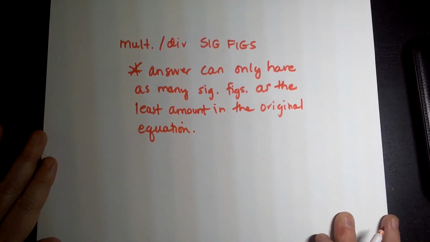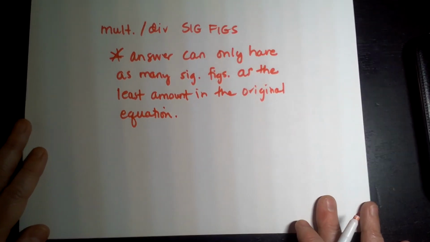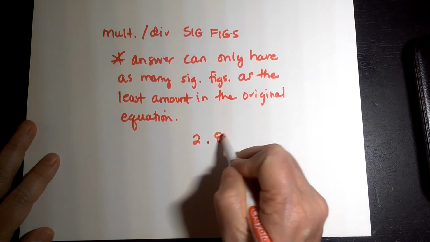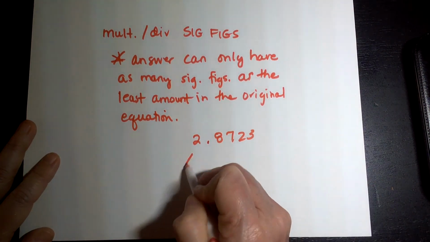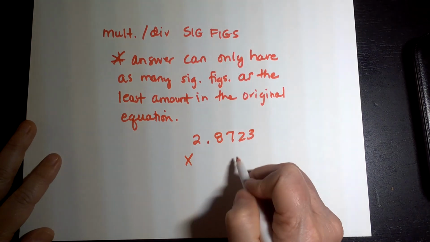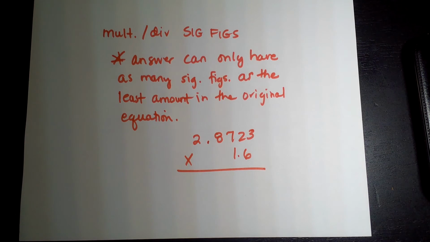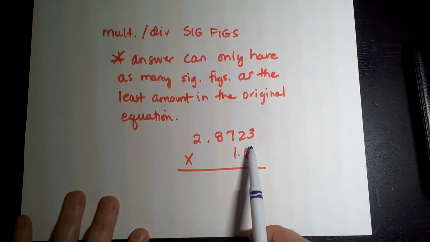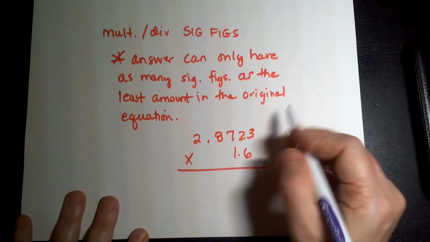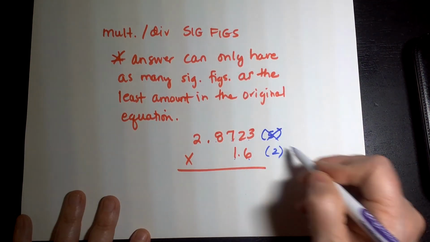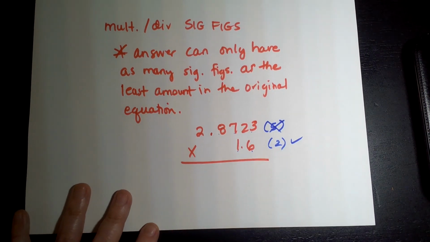All right, so here we go. We're going to probably have to round this answer. So if I have 2.8723, but now I'm going to multiply, not add it, to 1.6, okay? So multiplication, we're no longer looking after the decimal. Now we're looking at just the whole number. So before we even start, how many significant figures here? 1, 2, 3, 4, 5. Second number, only 2. So our answer can only have 2 significant figures.